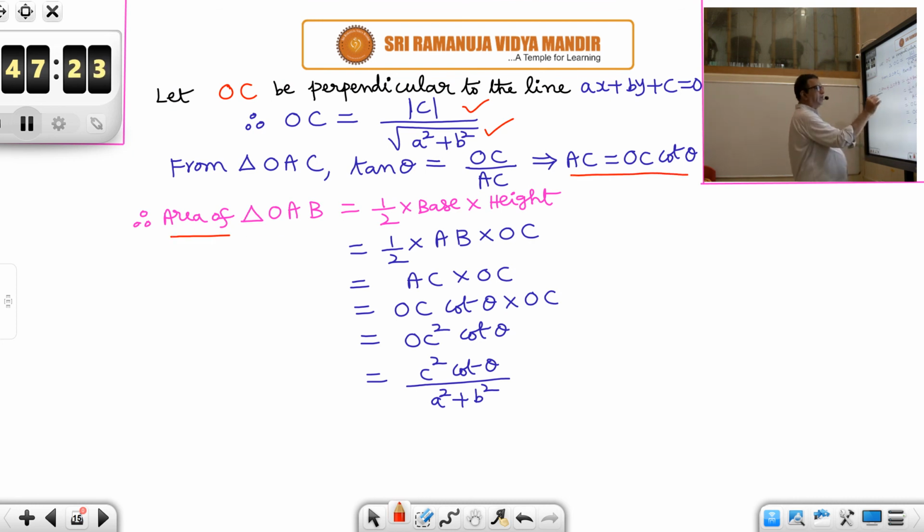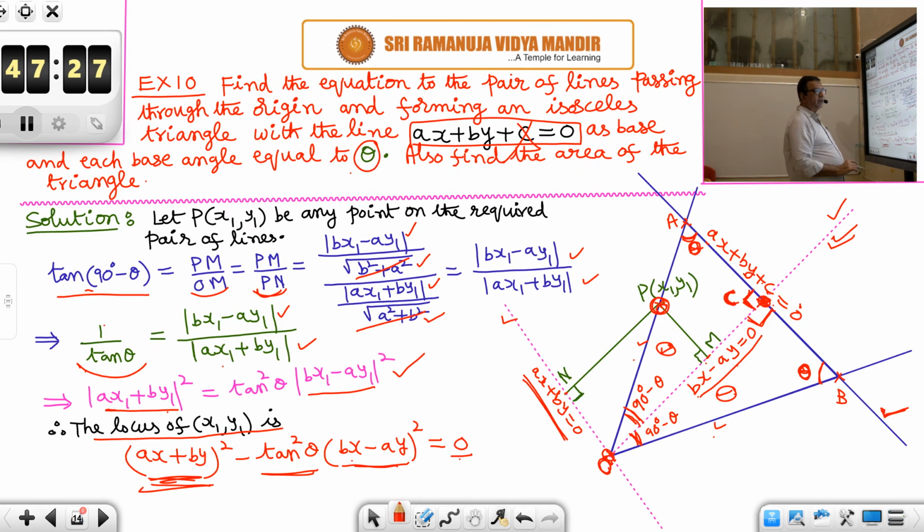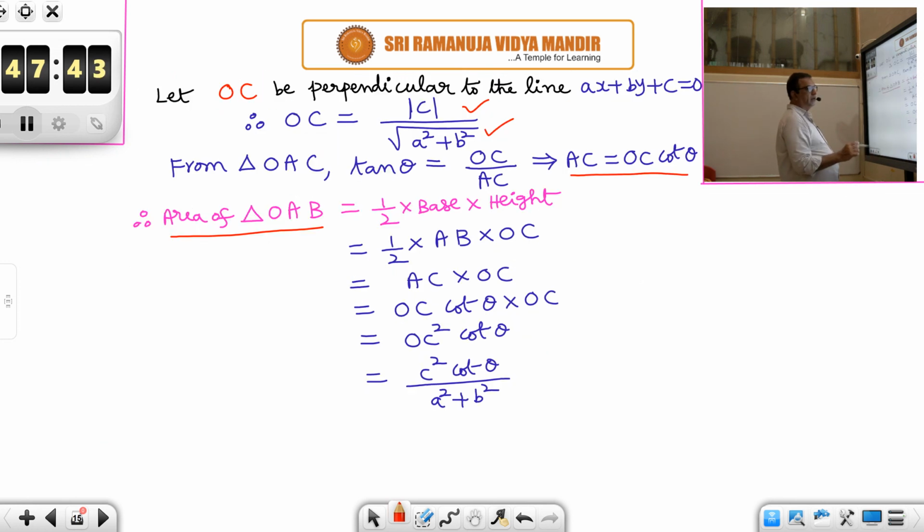Now, coming to the area of the triangle OAB. Area of the triangle OAB is half into base AB into height OC. But half AB is nothing but AC, because C is the midpoint of AB. So half AB into OC, but half AB is AC.